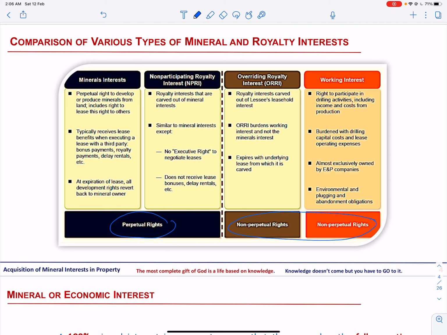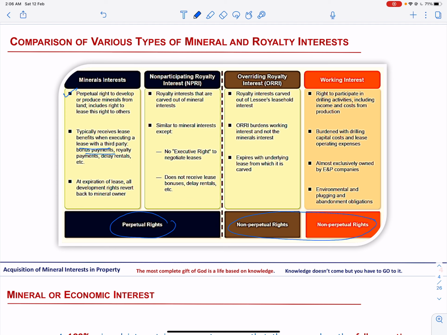Mineral rights are going to be for the owner of the property and he will be getting the royalty interest. He is not going to be a part of the production process. He will simply lease the land to an oil and gas company.